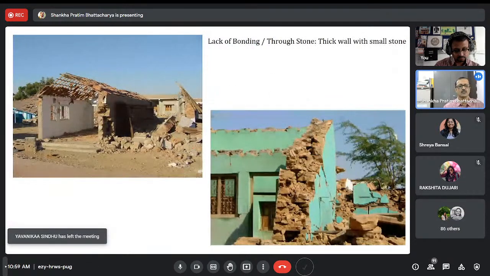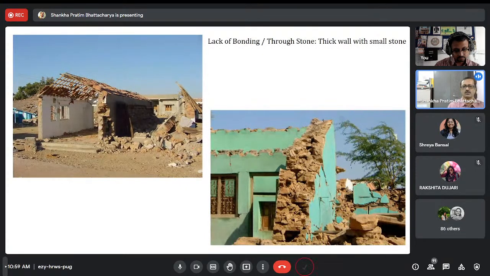In a lot of buildings in Maharashtra, again from Latur, if you go to the village areas, there are many buildings locally constructed with local material like brick and locally available stones. See the thickness and the width of the stones.